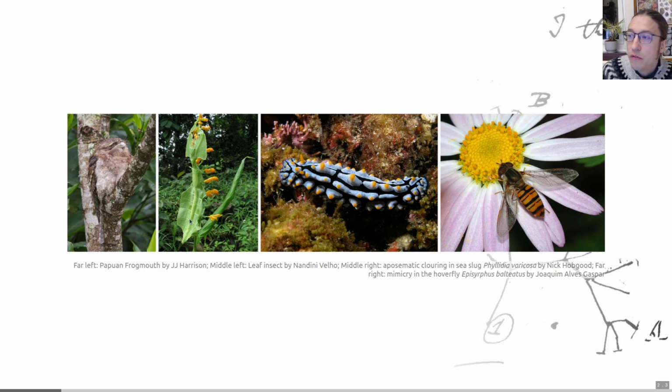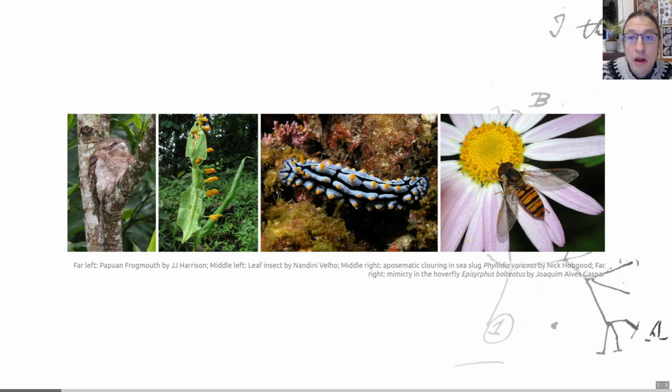Here you can see an example of this in the form of a leaf insect, which has evolved to look much like the plant upon which it lives. And the difference between that and camouflage is that in mimicry, this leaf insect is mimicking another organism, again, to try and reduce the risk that it is preyed upon.